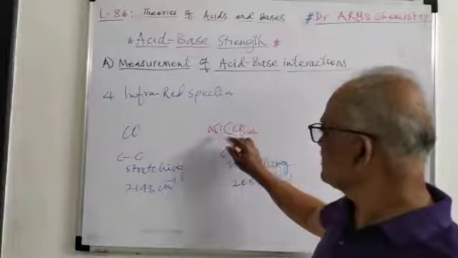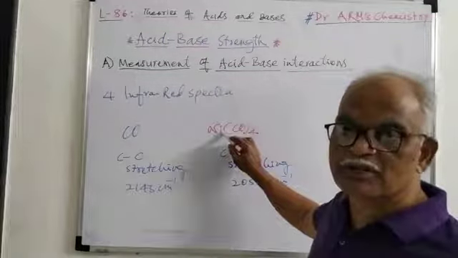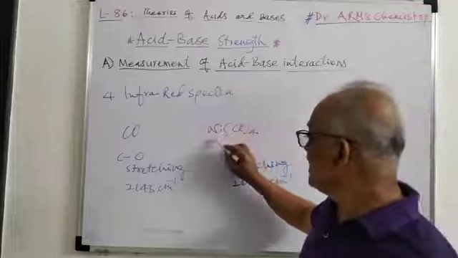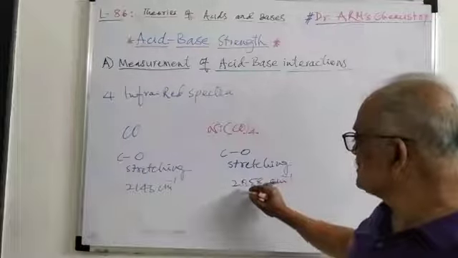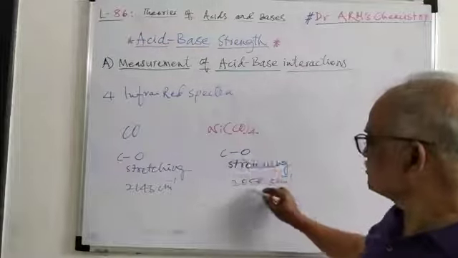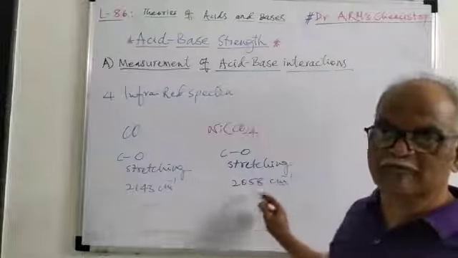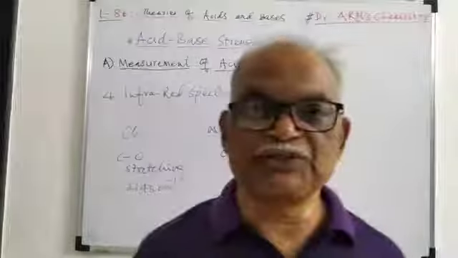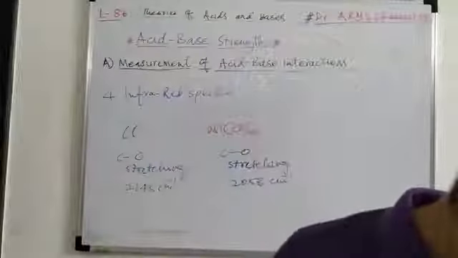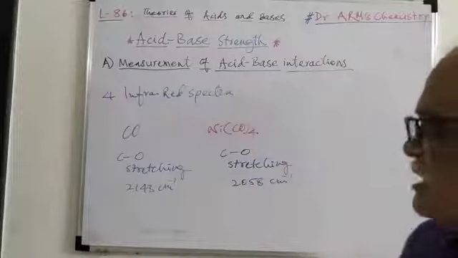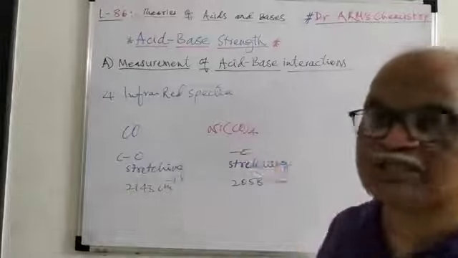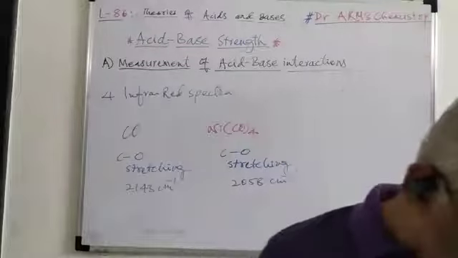So carbon monoxide is strongly bound with nickel, and in that case the CO stretching takes place at 2050. So there is a change in the absorption frequency of the radiation. So this confirms the formation of such a complex or adduct.